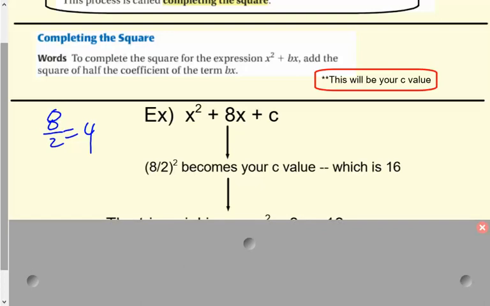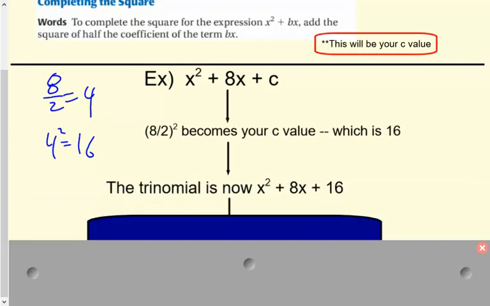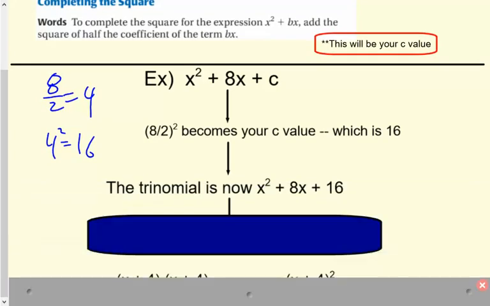So 4 squared equals 16. And that's going to be your c value. So this is the trinomial here. The magic number, as I call it, is 16. And this is going to factor into x plus 4 times x plus 4, or x plus 4 squared.